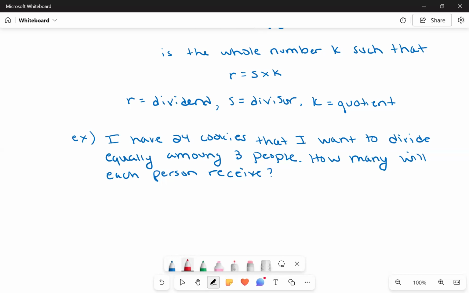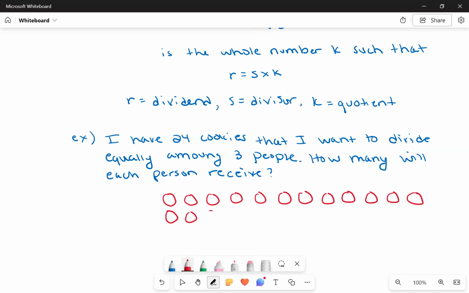I'm going to draw 24 cookies, which is going to be circles because I'm so boring. 1, 2, 3, 4, 5, 6, 7, 8, 9, 10, 11, 12, 13, 14, 15, 16, 17, 18, 19, 20, 21, 22, 23, 24. Okay, cool. 24 cookies. And if I'm going to divide it into 3 equal groups, that means I would divide them like that so that there are 8 cookies in each group.